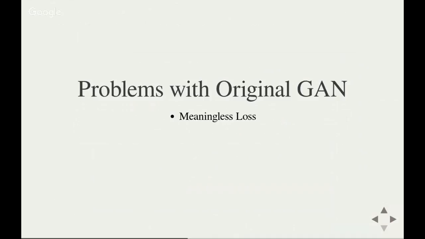GANs have been on the scene since 2014, and they've been able to do some interesting things, but haven't taken over deep learning or made a significant dent in other areas of deep learning. One reason this might be true is that there are some serious problems with training these original GANs to produce anything actually interesting.